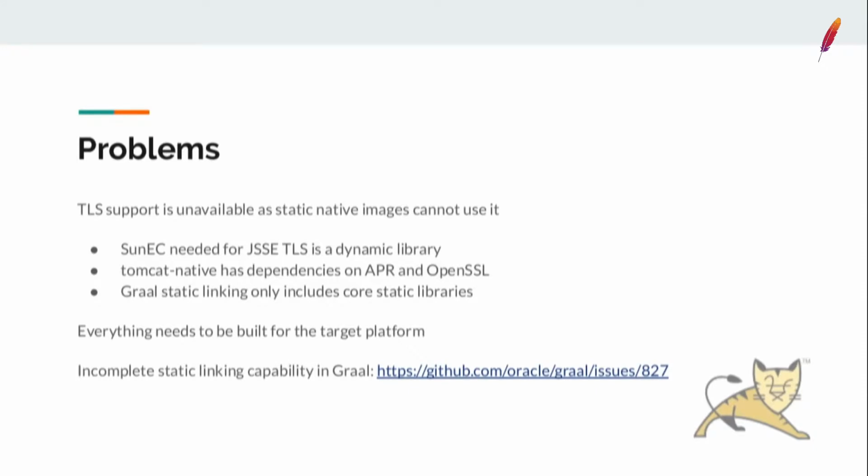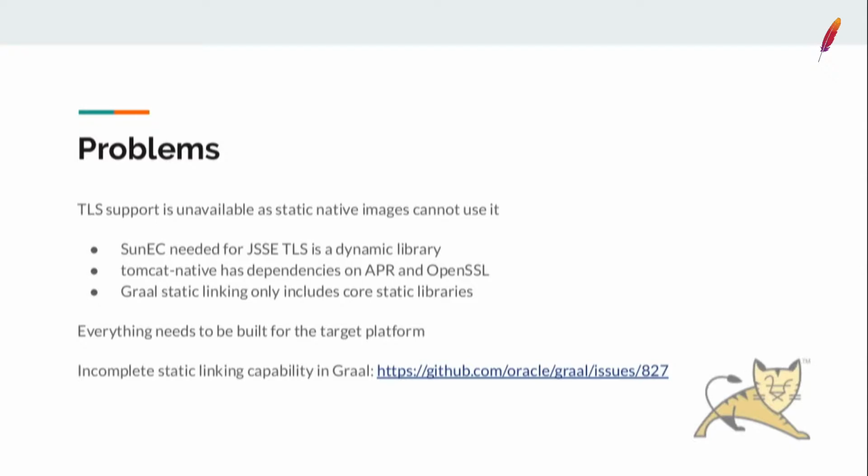So that's an issue in Graal, the incomplete static linking capability. Basically, we would need to be able to configure additional libraries to be compiled statically. As a result, the host platform must be the same as your target platform. You can't cross-compile, to some extent.